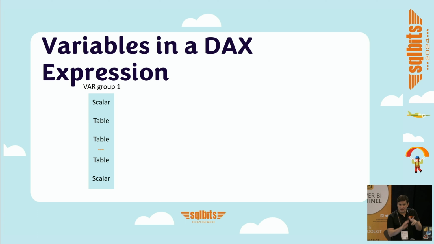It cannot be anything in between. A variable can have a table or a scalar value, but once it is computed, it becomes a constant. It doesn't vary. It's misleading, but a variable, once computed, is actually a constant.